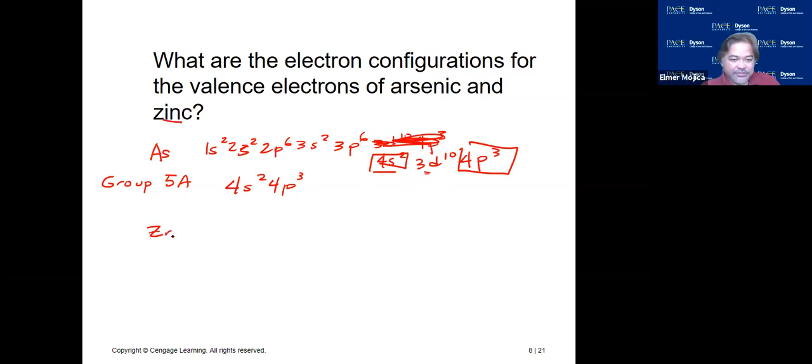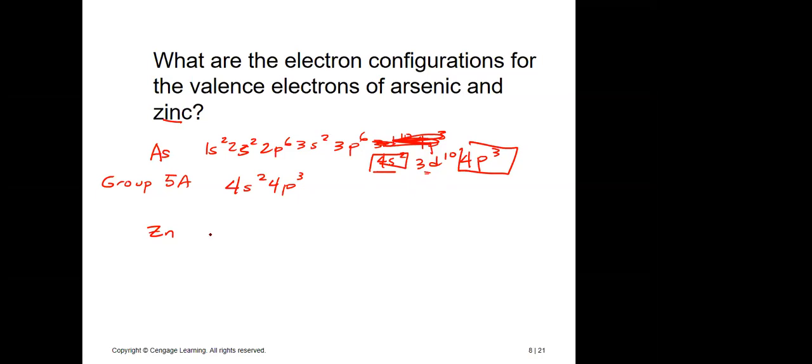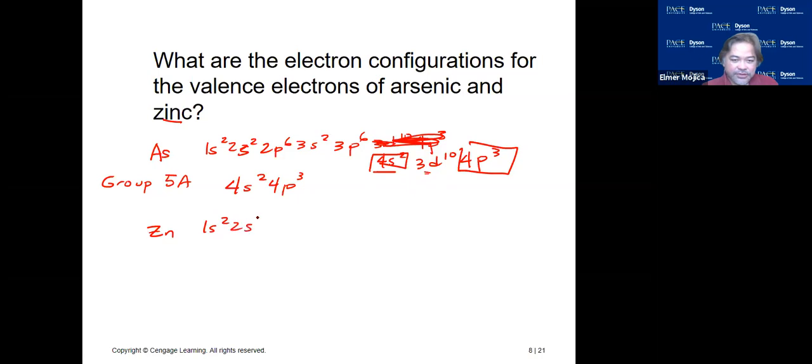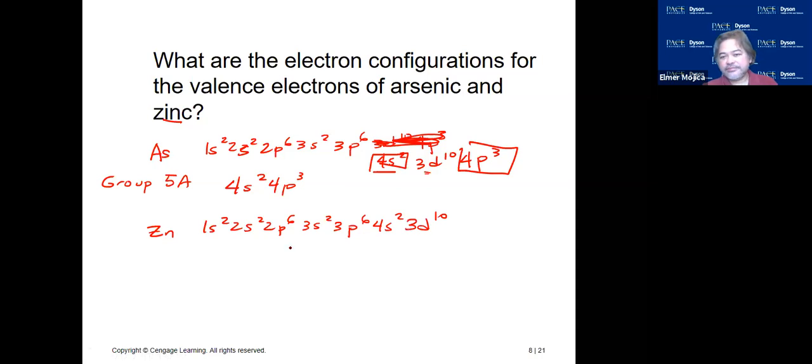So what is the atomic number of zinc? Anyone? What's the atomic number of zinc? 30. Okay, so it's 30. So if we're going to do it, it's just 1s2, 2s2, 2p6, 3s2, 3p6, 4s2, 3d10. So in that case, you could see that the highest element is in the d orbital.